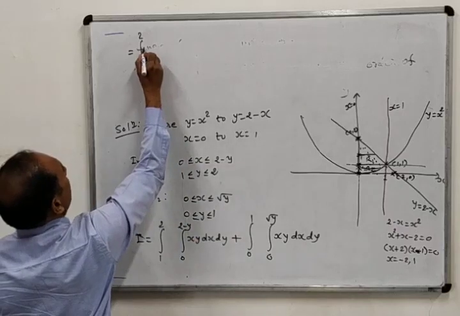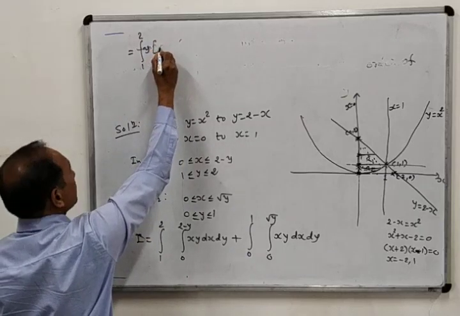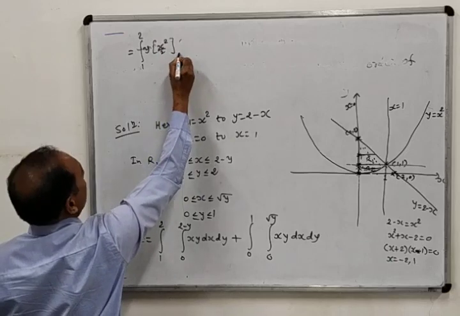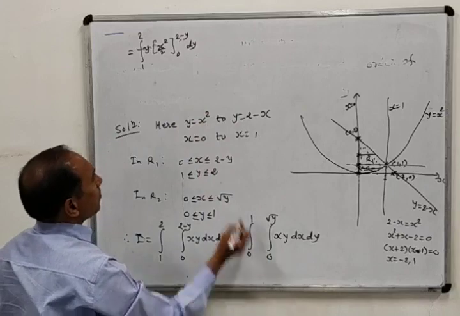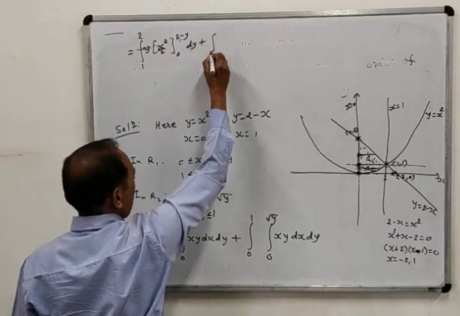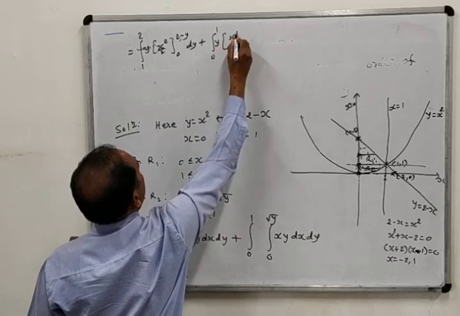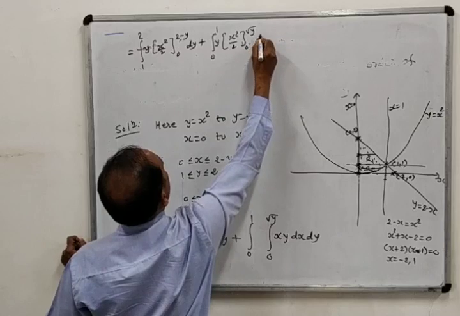So y, I will take outside. The integration of x is x square by 2, and here the limit is from 0 to 2 minus y, and it is dy now. And the same kind of situation here, you can do 0 to 1. Here y you can take outside. Integration is x square by 2, and the limits are from 0 to root y, dy.